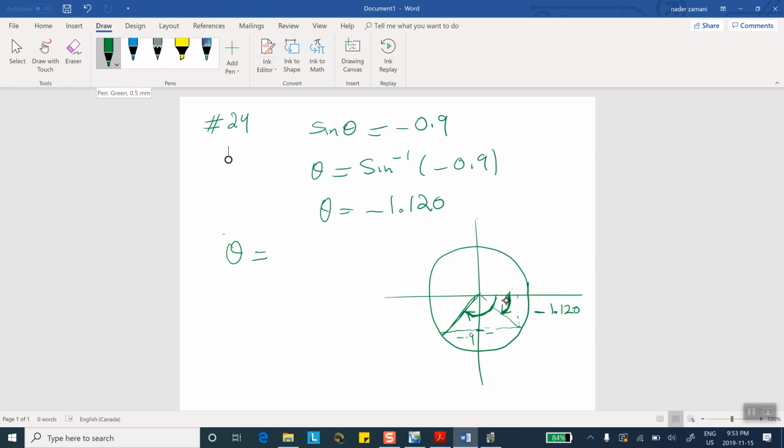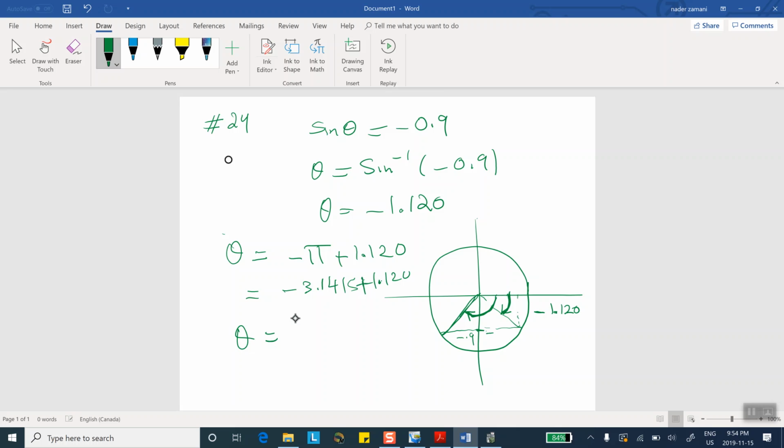So if you go all the way down here, it's going to be minus pi, and backtrack plus 1.120. So let's plug this in: minus 3.1415 plus 1.120.